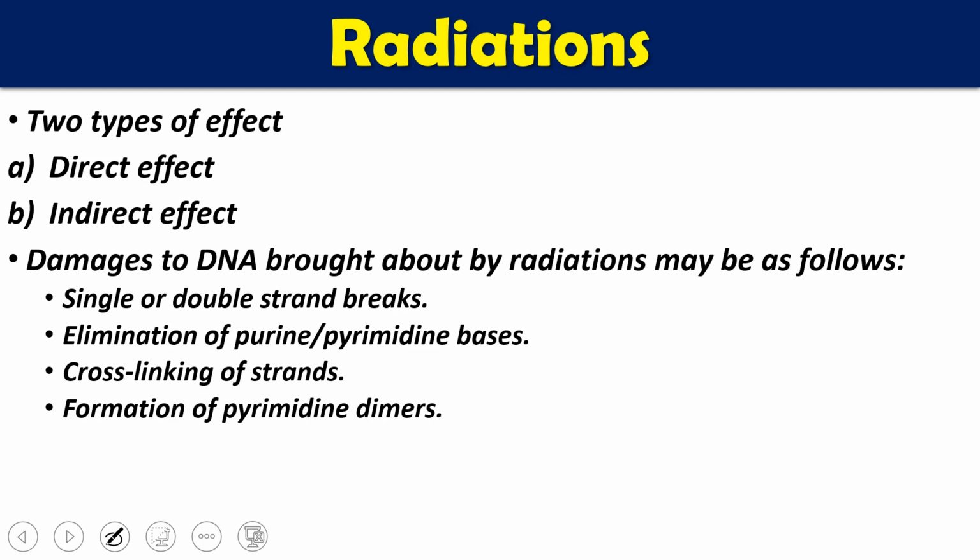Whenever DNA damage occurs, it will be either a single strand break or a double strand break. Either only one strand is nicked or both strands break. Sometimes purine nucleotides are removed, or sometimes pyrimidine nucleotides are removed.